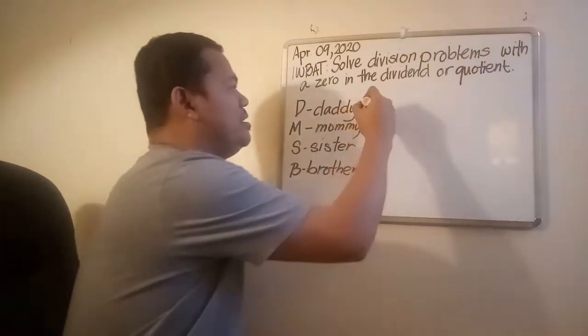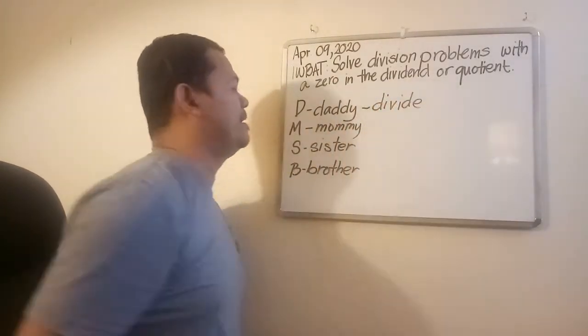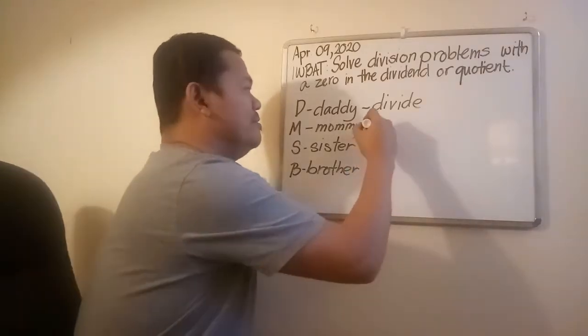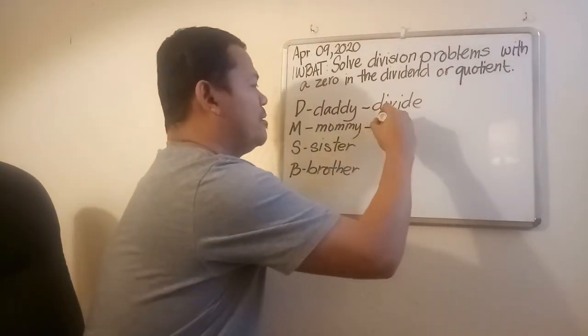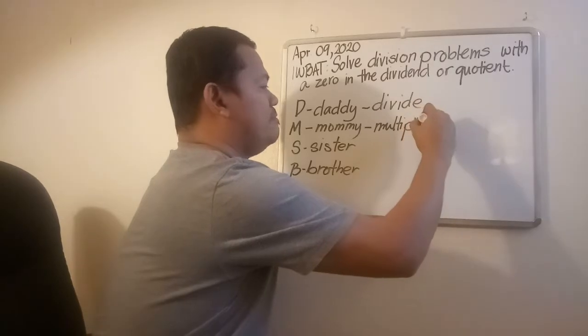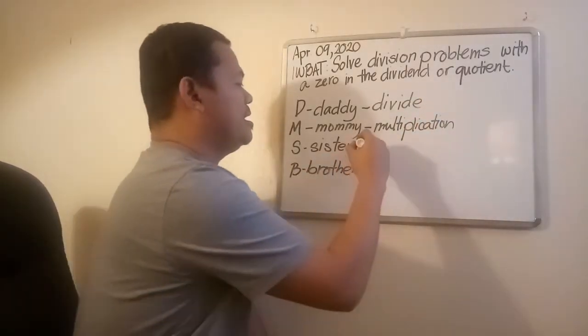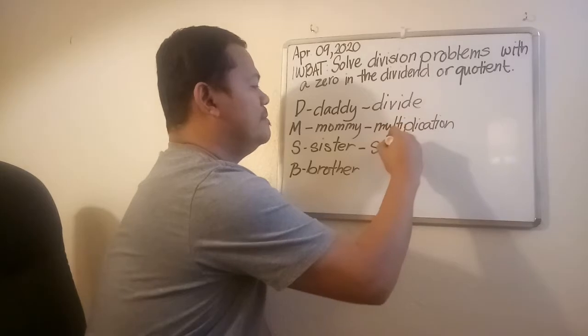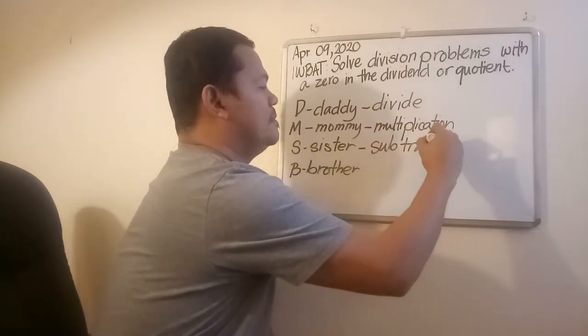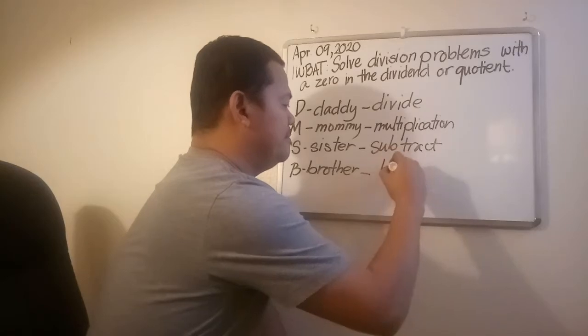D stands for daddy, mommy, sister, brother. When you say D, you go for divide. M stands for multiplication. S stands for subtract. And B stands for bring down.